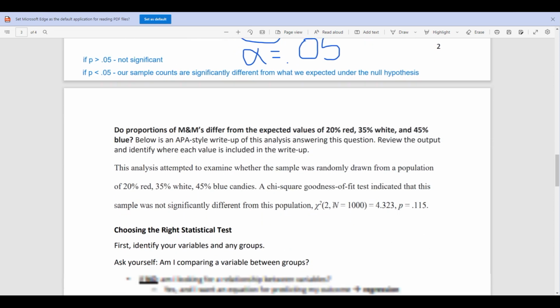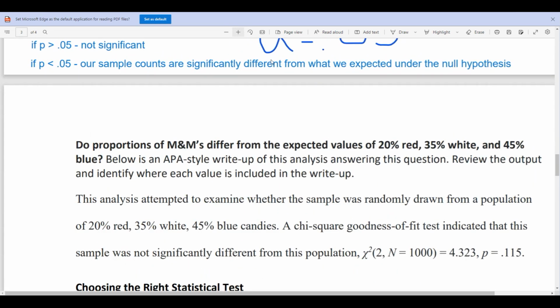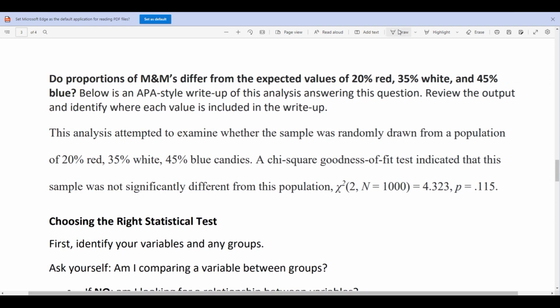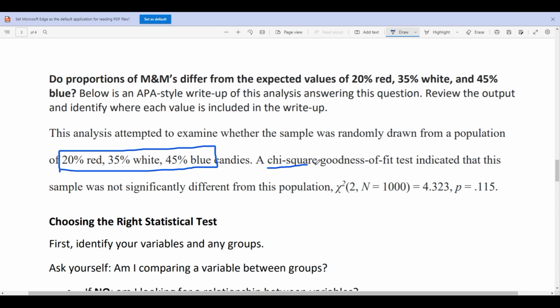And then here we have our write-up. Let's look closely at the style piece here. So we indicated our comparison values in our first statement. We indicated that we did a chi-squared goodness of fit test, that it was not significant, and then here we have our chi-squared symbol.